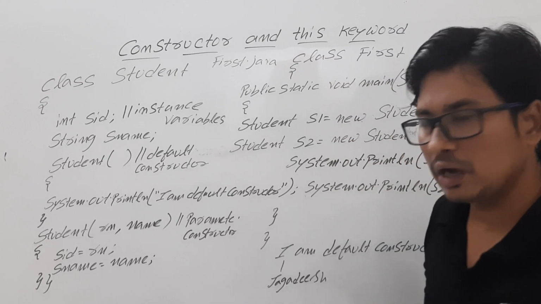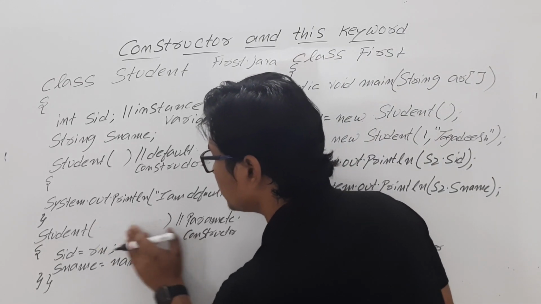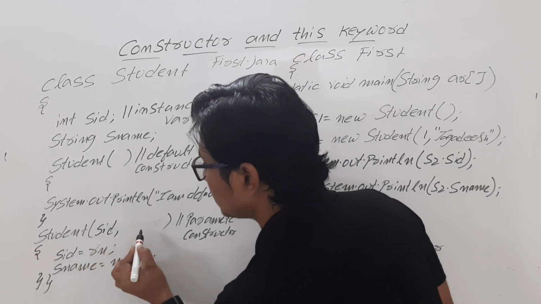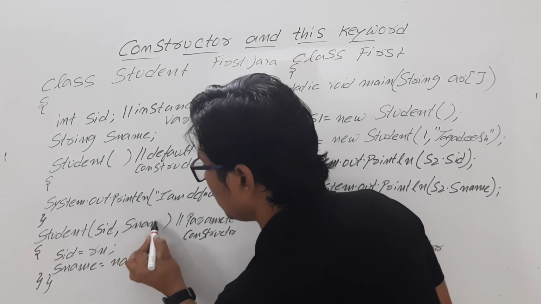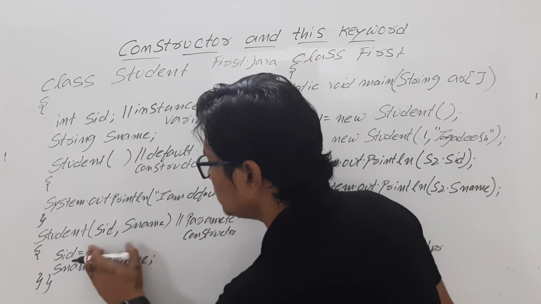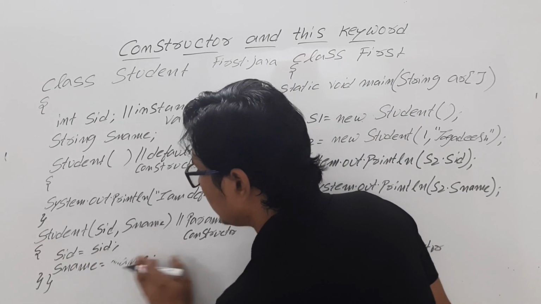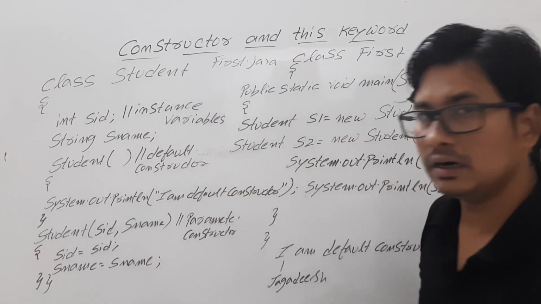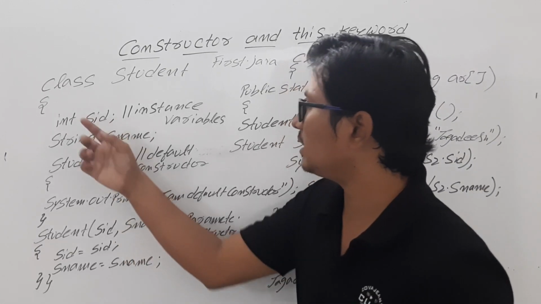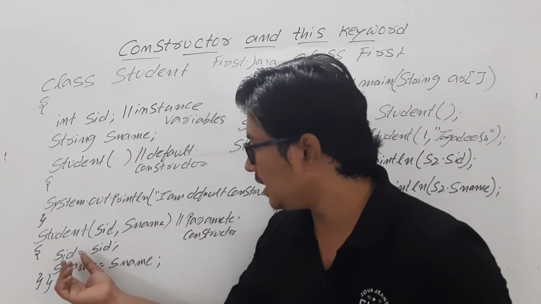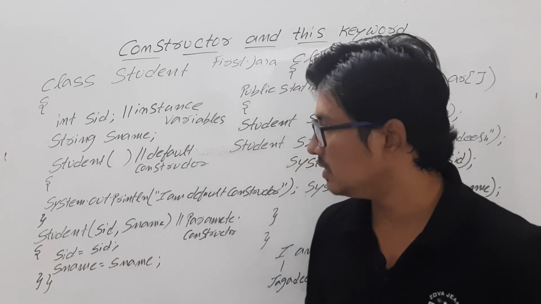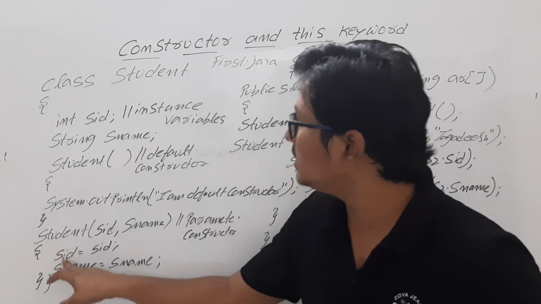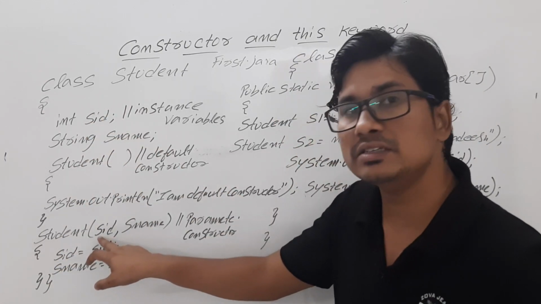Now let's take that I am doing a small modification to this program. Instead of rn, I am writing sid and sname. Then I write sid is equal to sid and sname is equal to sname. So what I am doing is providing the local parameters and instance variables with the same name. Then if you write sid is equal to sid, the compiler will be confused whether this sid is an instance variable or a local variable.